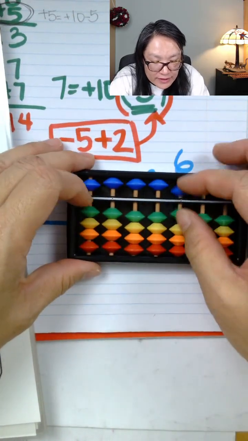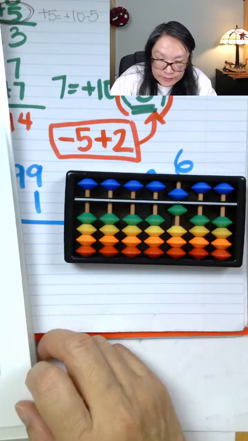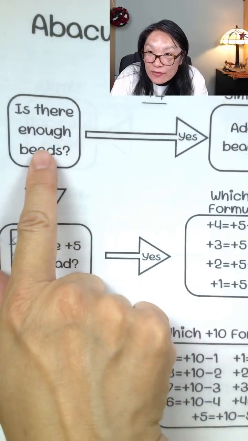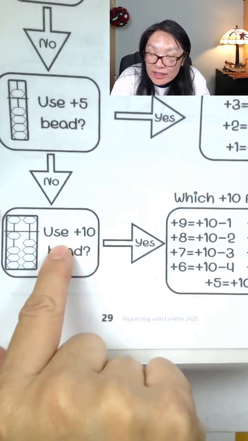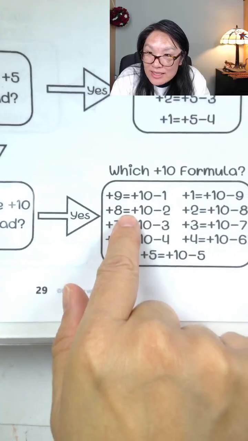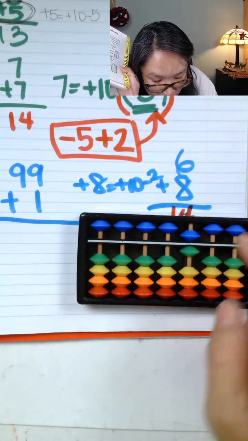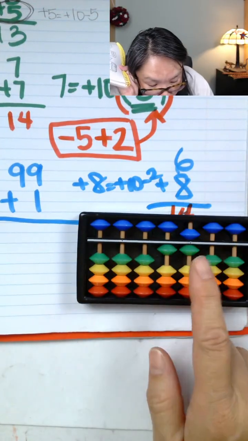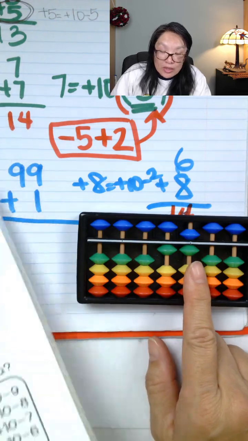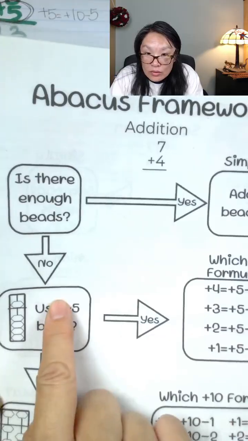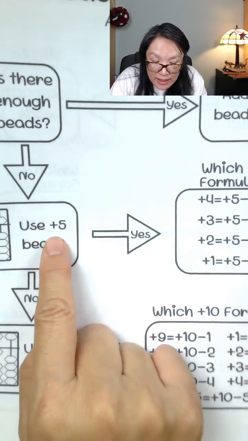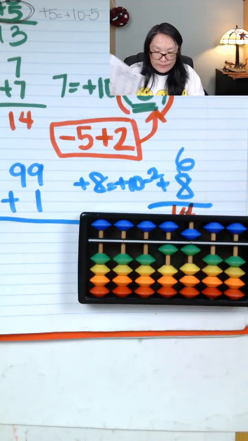So we have 6, right? I want to add the 8. Is there enough beads to add the 8? No. So I go here, because there's no 5. Add the 8 is plus the 10 minus the 2. Can I take away the 2?